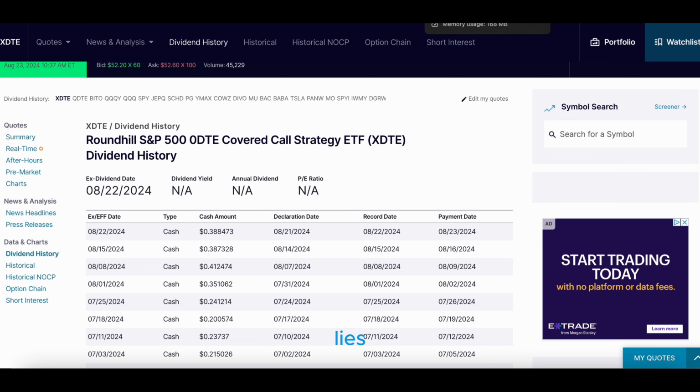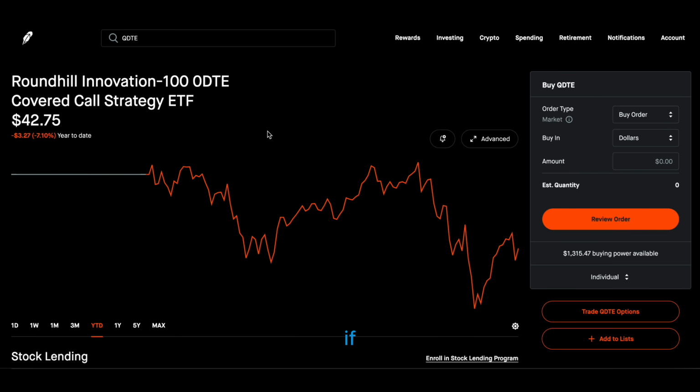The answer lies in the charts here. If you look at the QDTE chart year to date, since its launch date, it has eroded 7.10% since March, and this is following the QQQ, or Nasdaq 100 index. QQQ is another ETF based on that index.